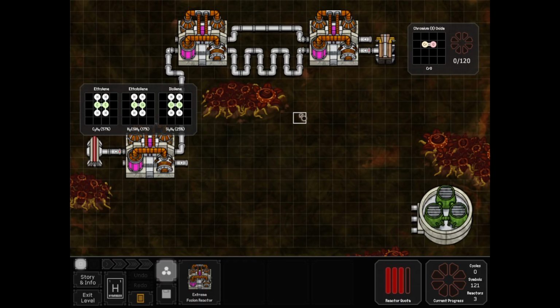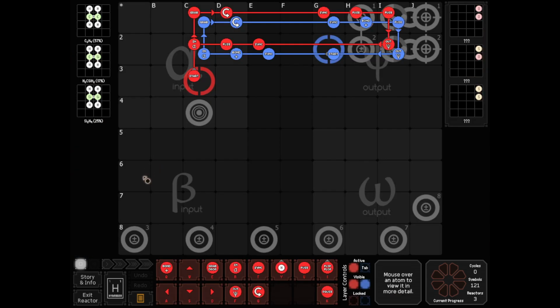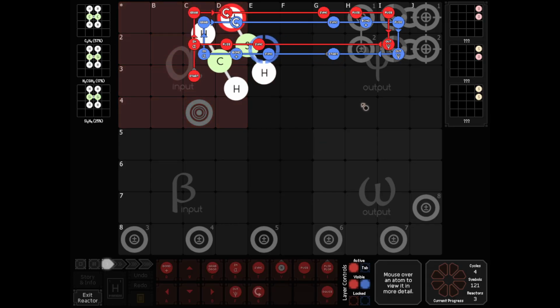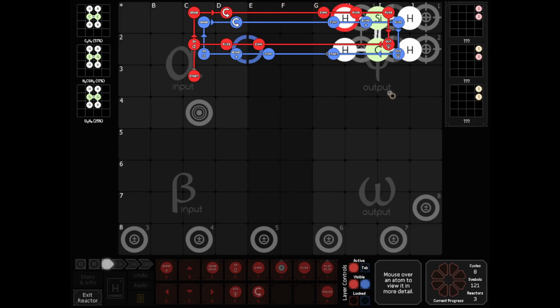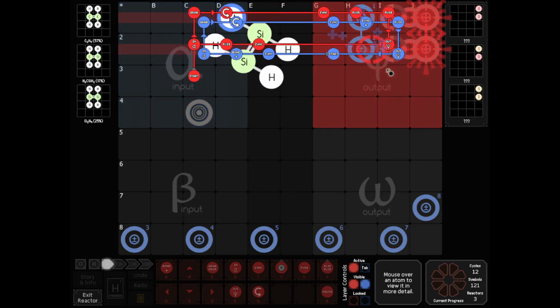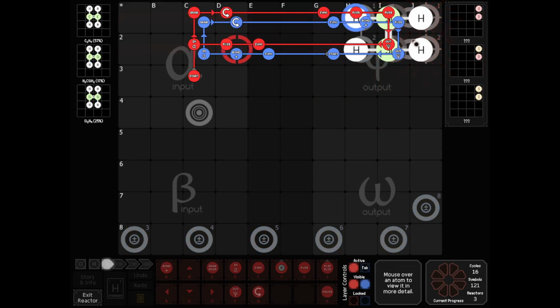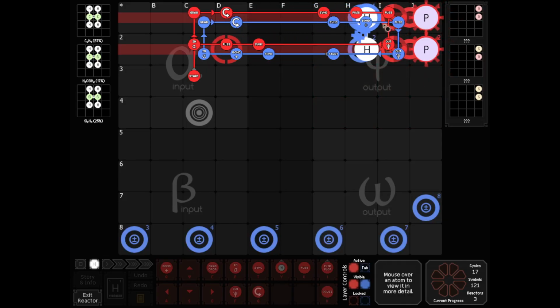Let's have a look at what it does. It's still only using 3 reactors. And the first one is double pumped this time. And it is using like this and simultaneously creating a bond here, which is a nice way of doing these fusions without having to double back or something like that.